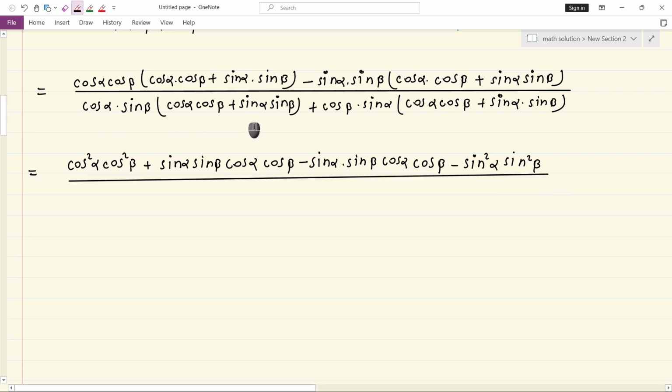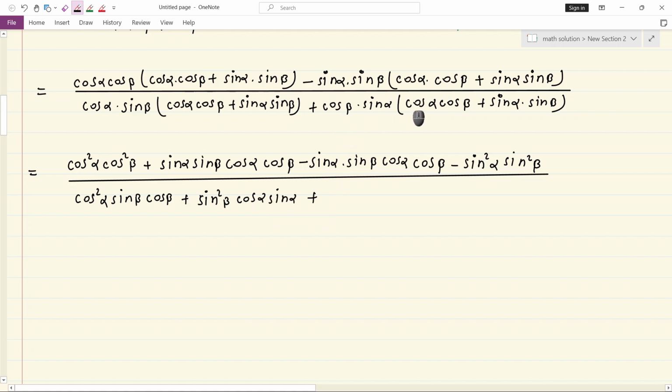Similarly, in the denominator also we will just expand it: cos square alpha sin beta cos beta plus, now multiply this with this, so what are the similar terms? Sin square beta cos alpha sin alpha.